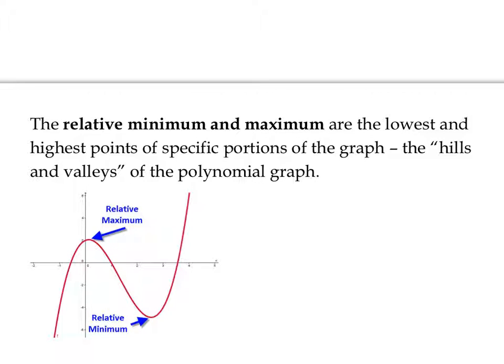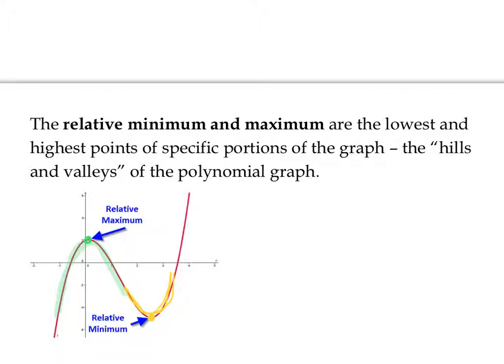We could look at this like part of the graph is part of a parabola, if you will. This part right here looks like a parabola opening down, so it has a maximum value at this point right here. And then we could look at this other portion of the graph, and it looks like a parabola opening up, and it has a minimum value there at the bottom of that portion of the graph.